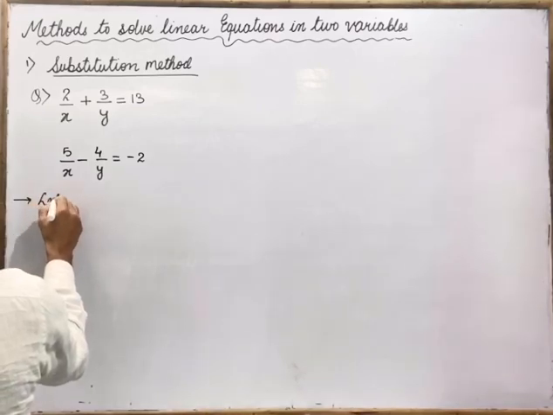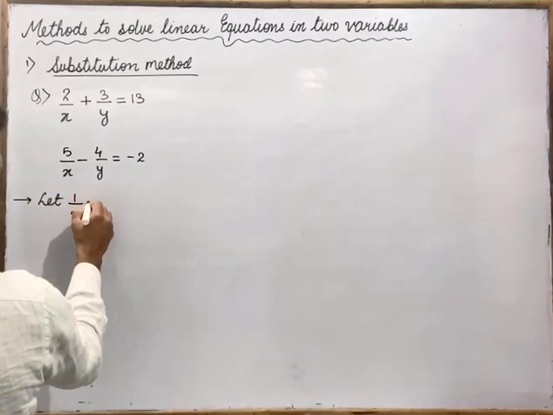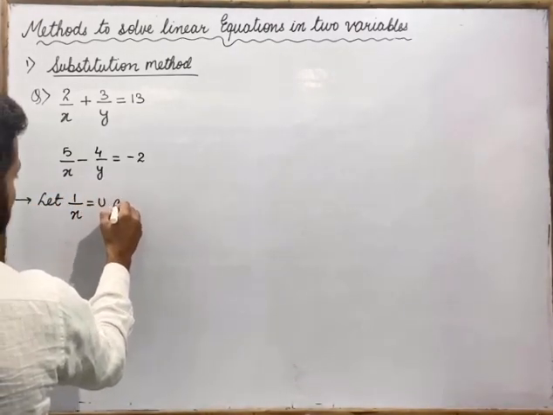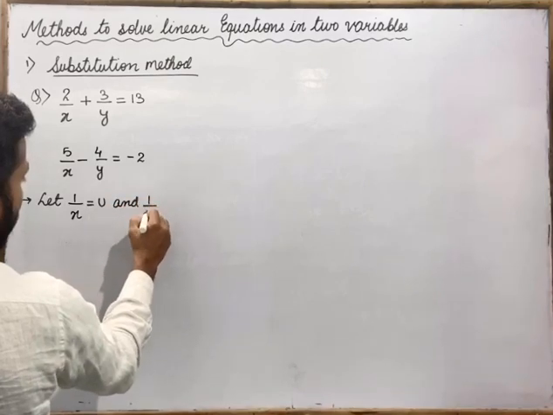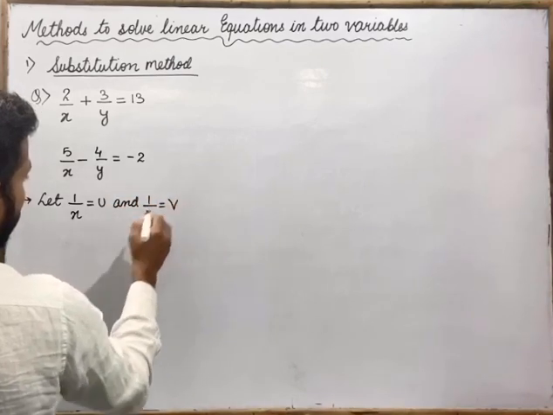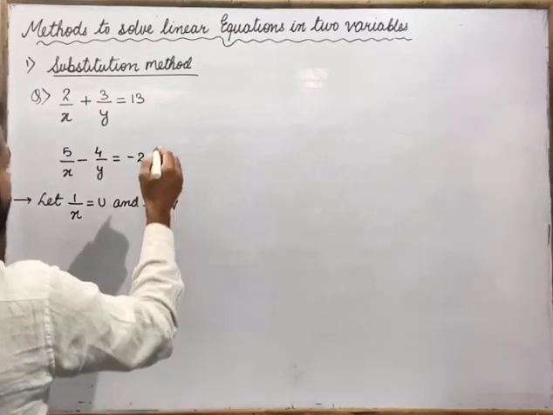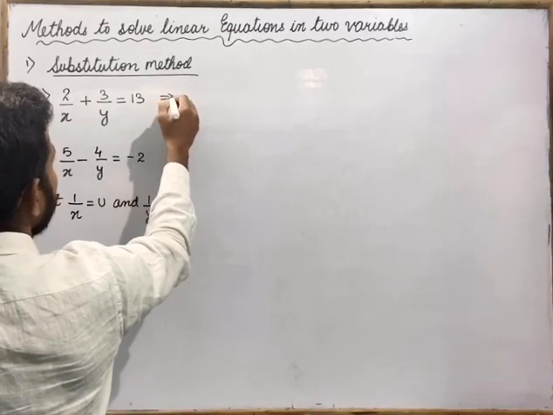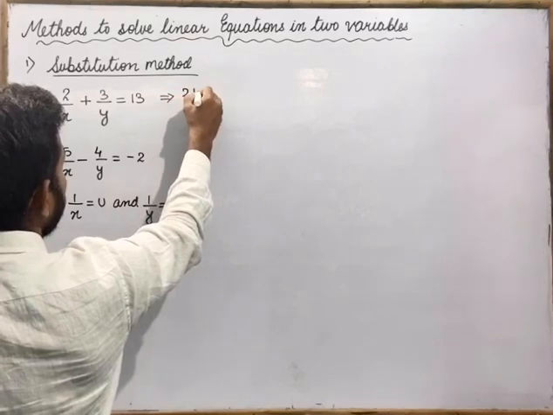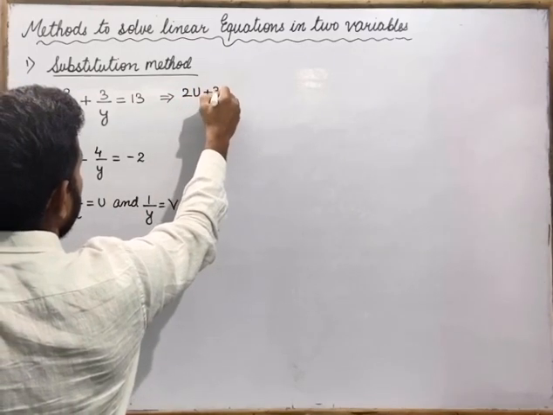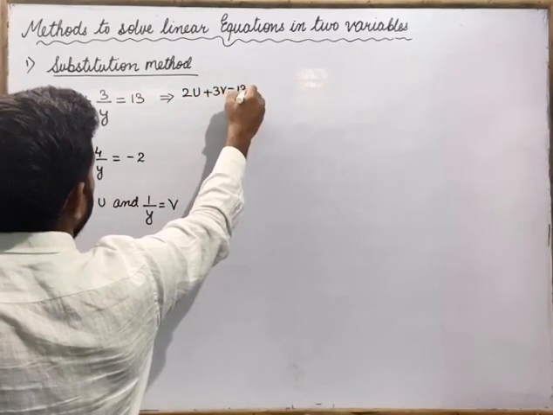Let 1 by x equal u and 1 by y equal v. So the first equation will transform itself into 2u plus 3v equals 13.